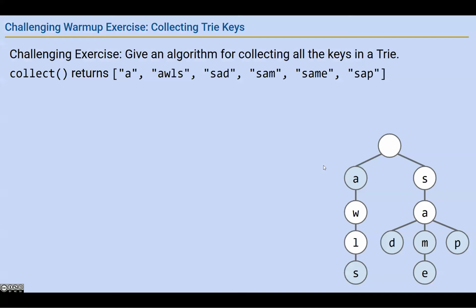So just as a quick exercise, how do we get all of the keys in a trie? Let's take about a minute to solve this.